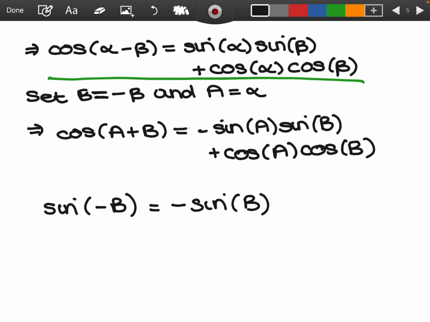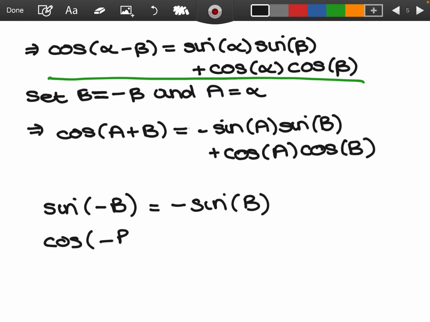That is the same with any angle. If you start out with an original angle and take sine of it, and then look at sine of the negative of that angle, they are just negatives of one another. It's because you are effectively flipping that angle across the x-axis, so your y-coordinate becomes negative, hence the sine of that angle becomes negative.